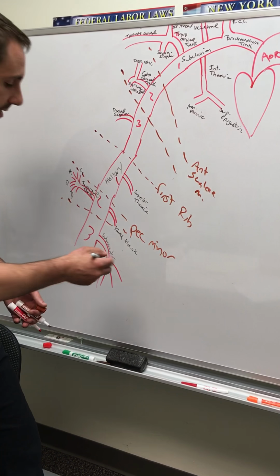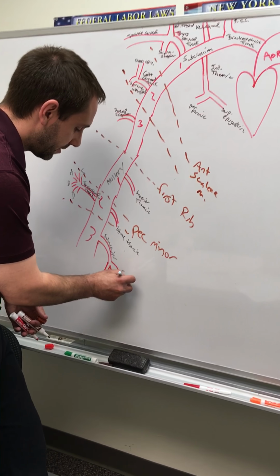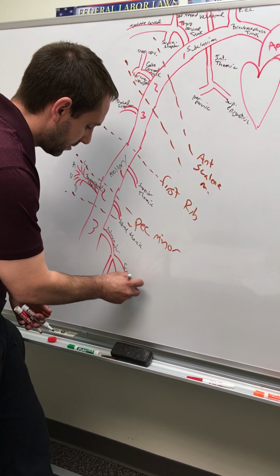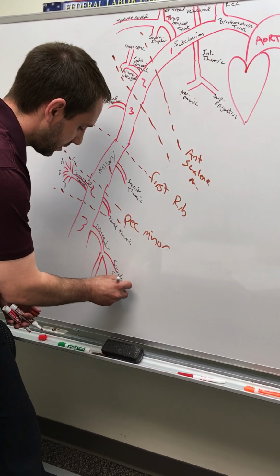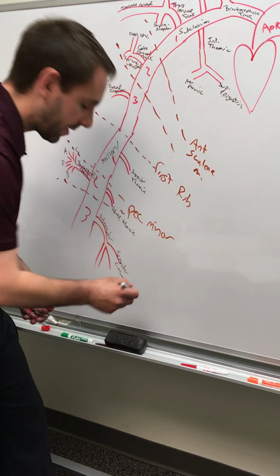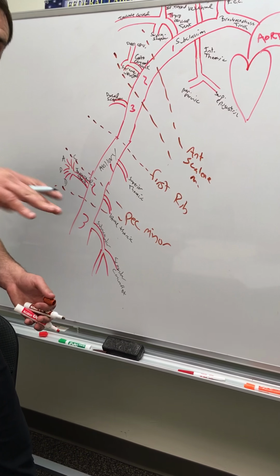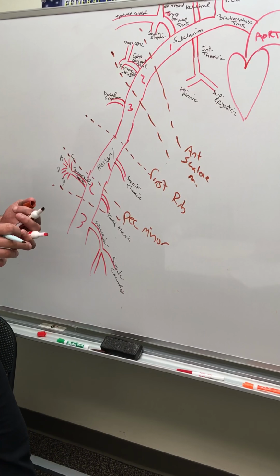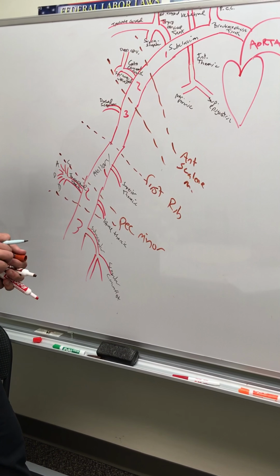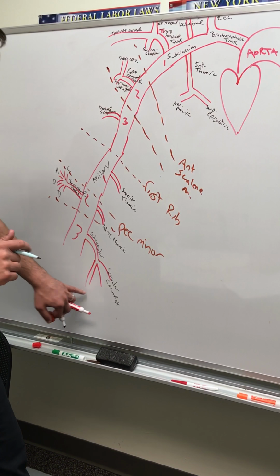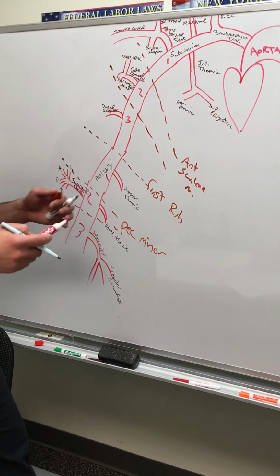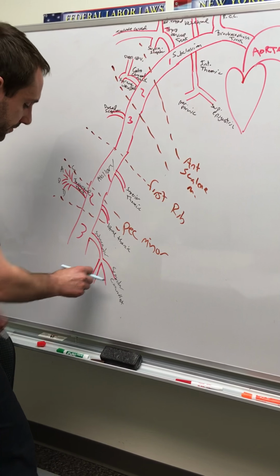The first one is called the scapular circumflex. Scapular circumflex artery is going to be found in the triangular space, making its way around the dorsal part of the scapula to contribute to the scapular anastomosis. And then the other artery that's a branch of the subscapular artery is the thoracodorsal.